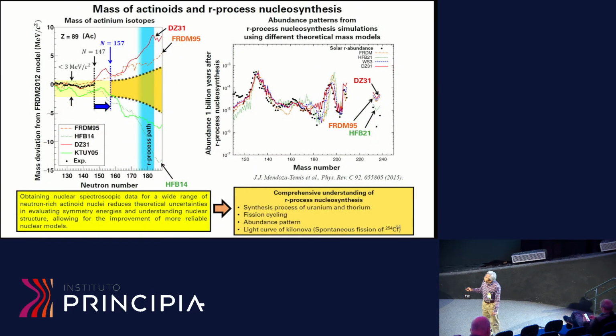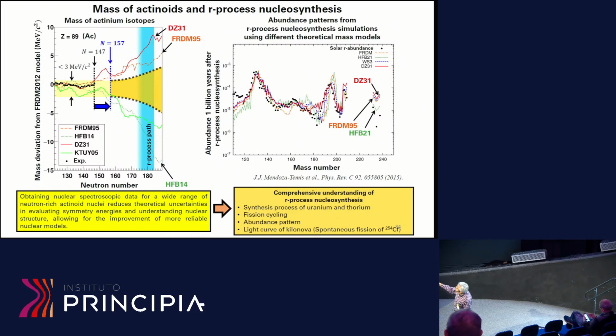Okay, so if we can measure such a neutron-rich actinide region, what is the impact on r-process nucleosynthesis? This figure shows the mass deviation from the FRDM model for the actinium isotopes. So far, the mass is measured up to N equals 147. In these regions, the different theoretical models, indicated by the different lines, give almost the same values.